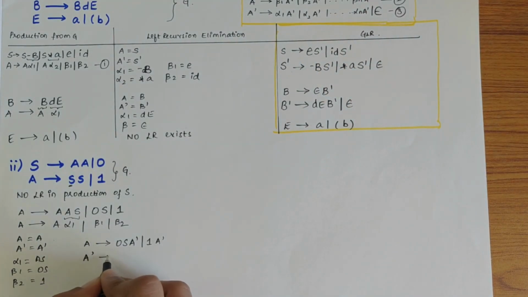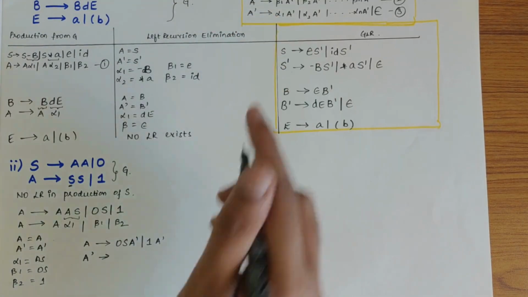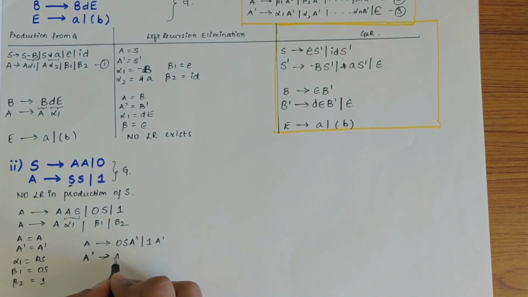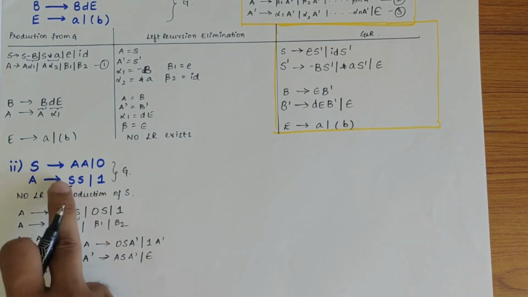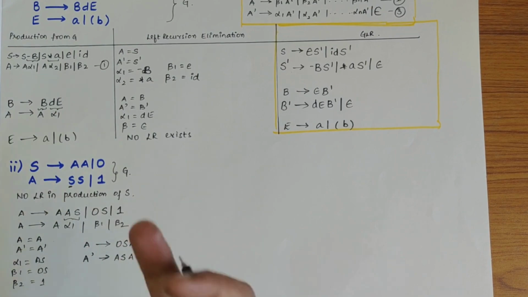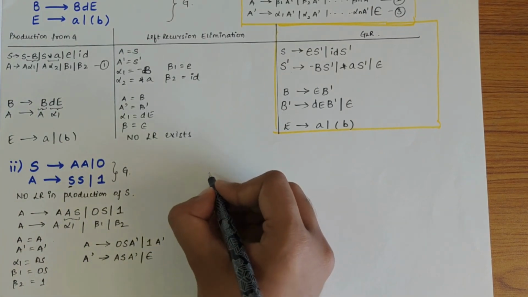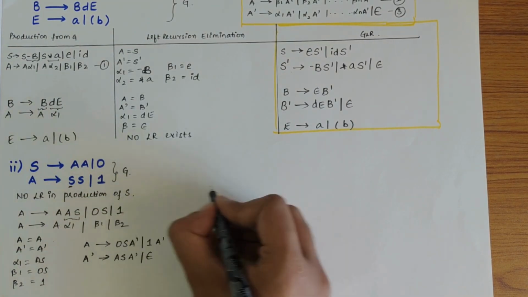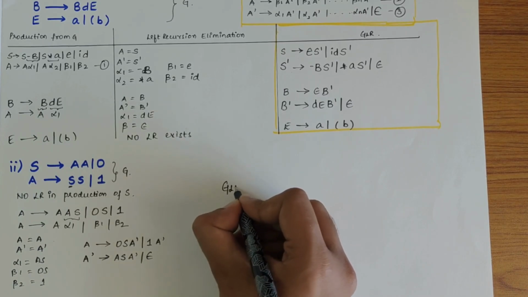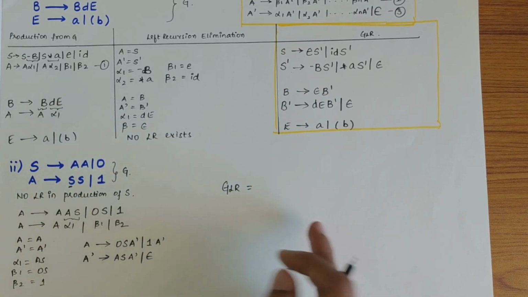Then we'll write the third equation, A dash derives alpha 1 A dash, alpha 1 here is AS, so AS A dash. Is there alpha 2? No, there's no alpha 2 here, so let's write epsilon at the end. From the second equation we have obtained two productions. If we have taken this as grammar G, let's write G LR, the grammar which is free of left recursion.